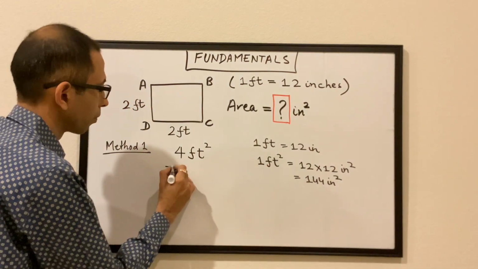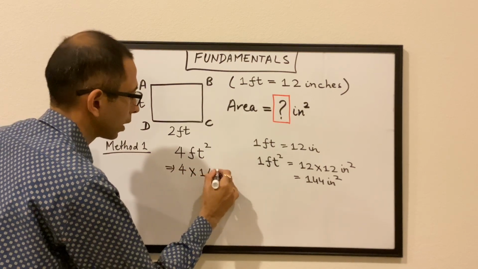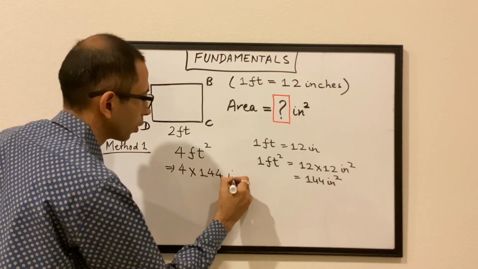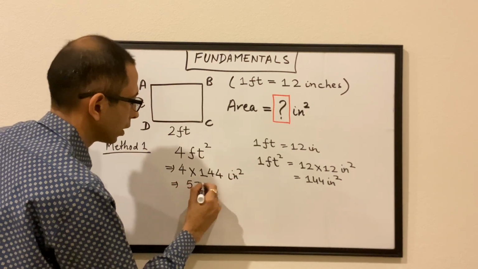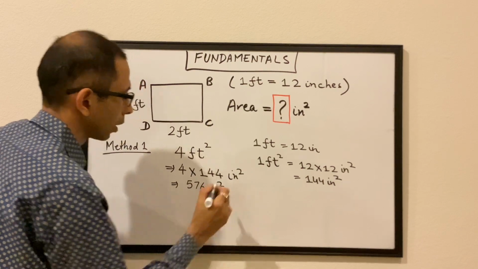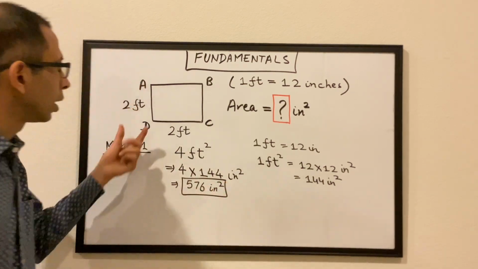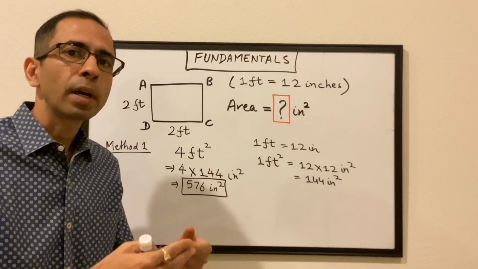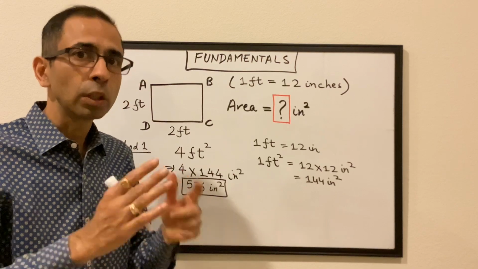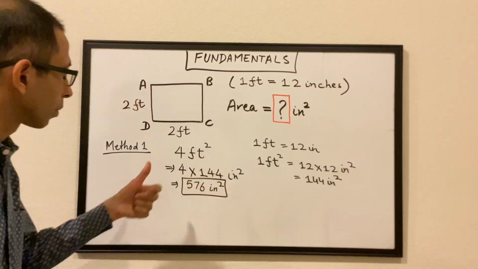Now we convert the 4 feet square into inches square by multiplying by 144, which gives us 576 inches square. So that's one way in which we found the area of the square in feet square, and then converted feet square into inches square. We're not converting feet into inches, we're converting feet square into inches square.